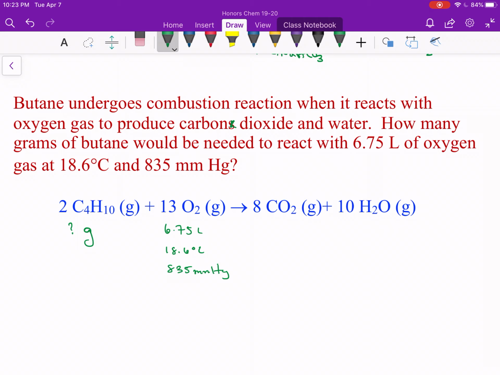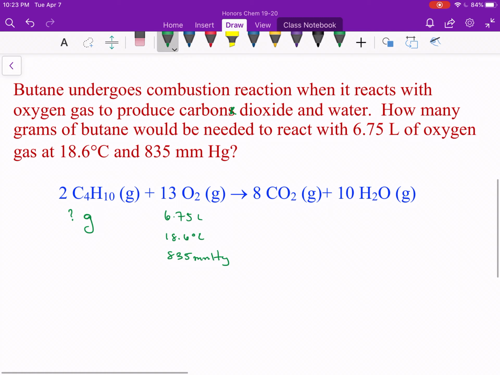Now, first thing we got to do, when in doubt, go to moles, and we know how to get to moles because if we have a volume of gas at a certain temperature and pressure, we're going to use PV equals nRT, where n equals PV divided by RT. And so, again, we have a pressure and a volume and a temperature. Now, volume's okay. We know that we have to convert this plus 273.